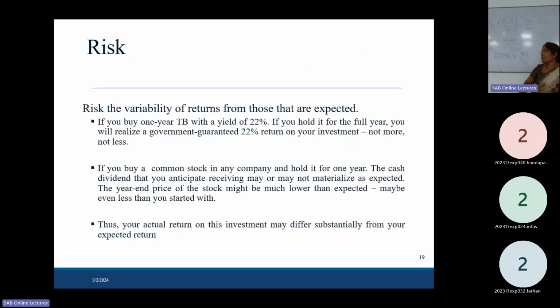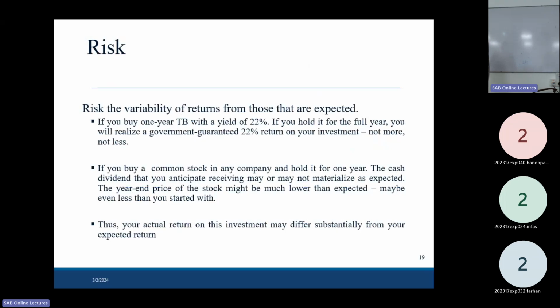Right. So this is about the return. Now we get to the discussion on risk. What is the risk? So now we should be able to calculate the risk. This is the way of calculating return.